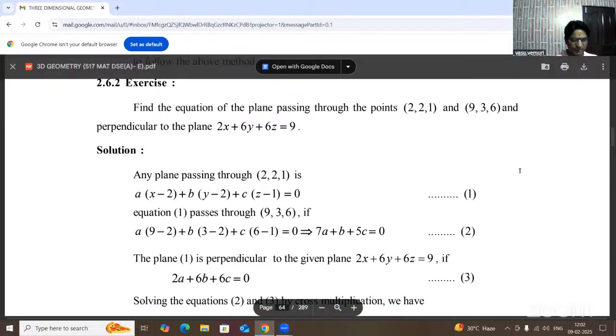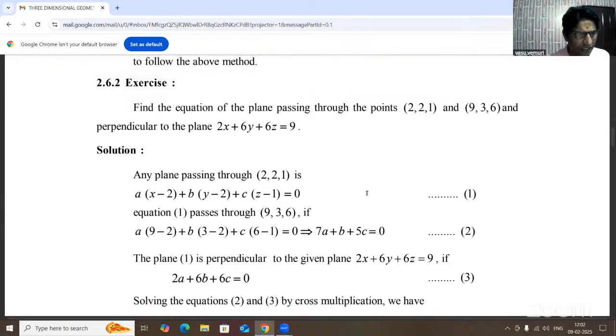After the simplification, we get 7a plus b plus 5c equal to 0.